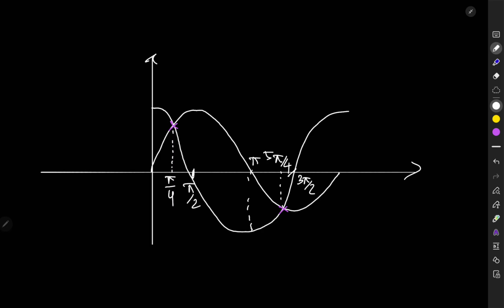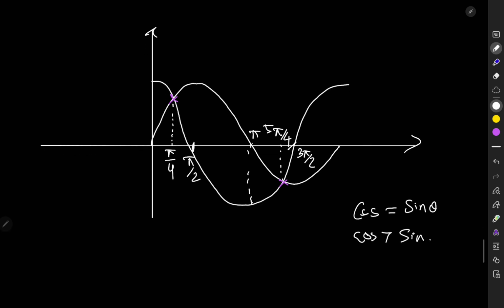These are the 2 points where sine and cos become equal in this given graph. There are infinitely many such values, but here it's these, where cos is equal to sine. Now, where is cos greater than sine? Just look, this is the cos graph, right?